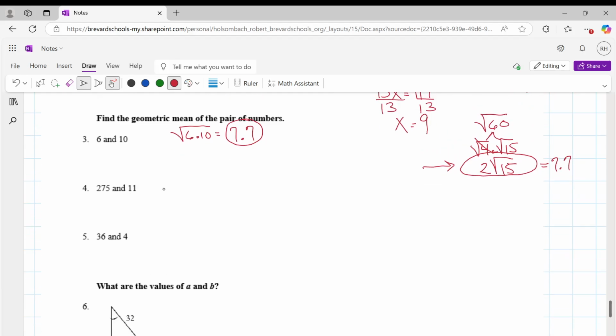All right, so number 4, we've got the geometric mean of 275 and 11. So that's the square root of 275 times 11, and it's equal to 55.